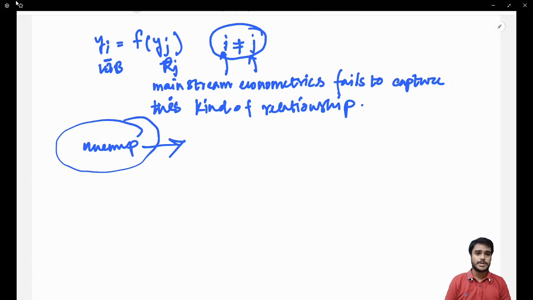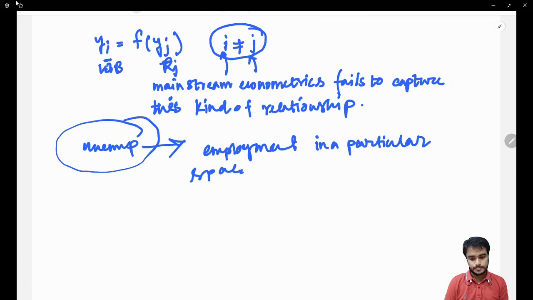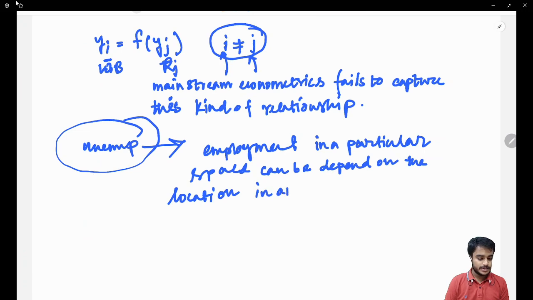The relationship between the consumption pattern of an unemployed or an employed person in Rajasthan and Gujarat is locationally correlated. Now, employment in a particular space can depend on the location in another place.